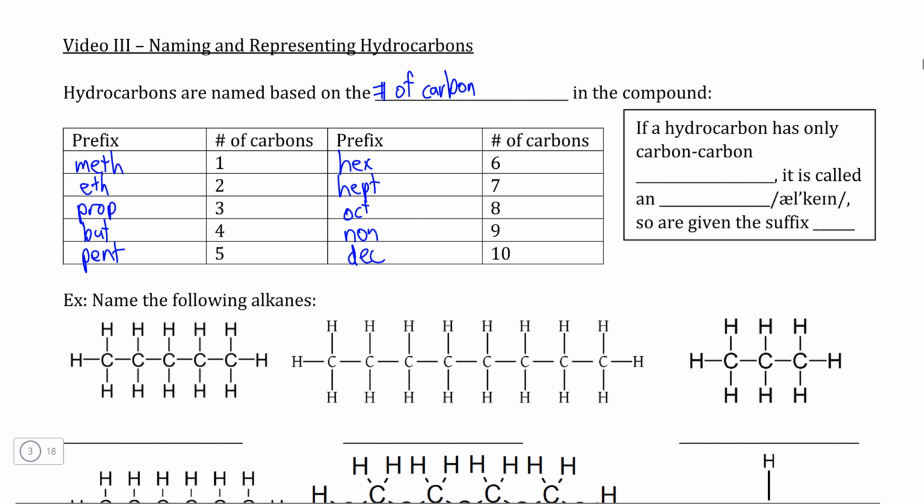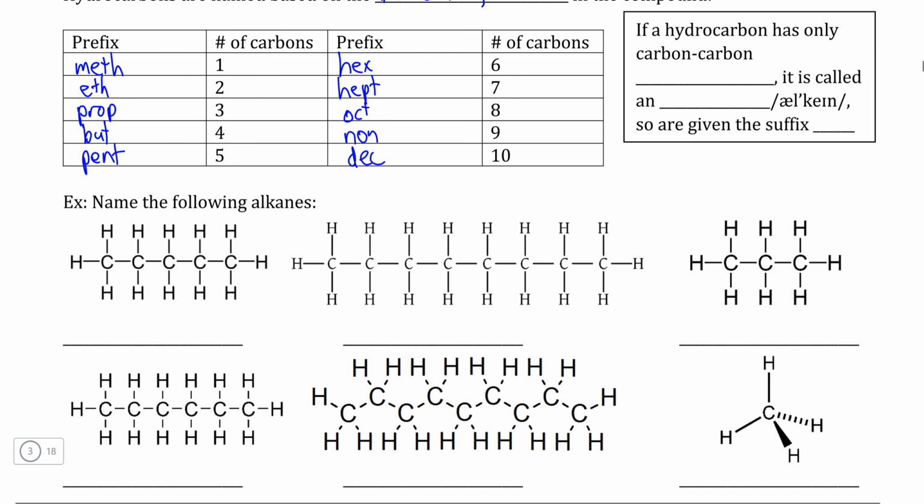Now, these are only the prefixes. The next characteristic that we need to identify is the type of bond that exists between one carbon and another carbon. For example, if we look at all of the hydrocarbons below, we see that these hydrocarbons only contain single bonds between all of the carbon atoms.